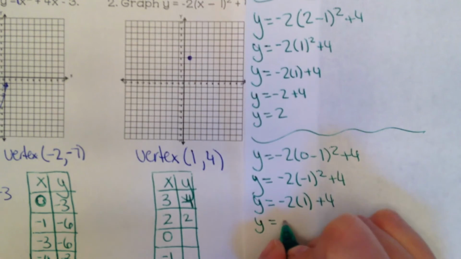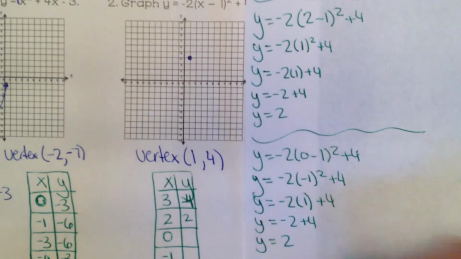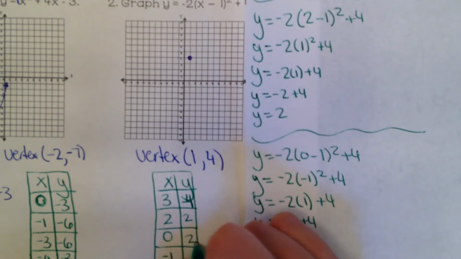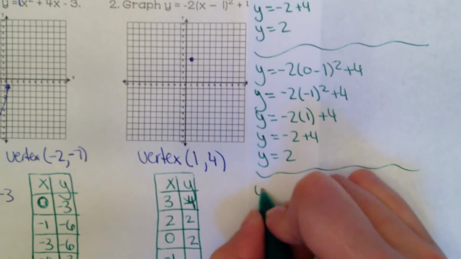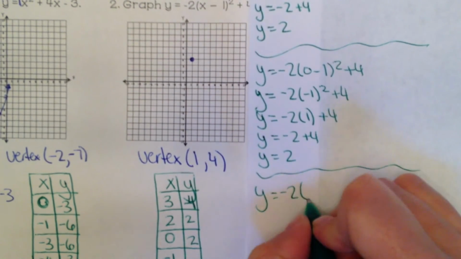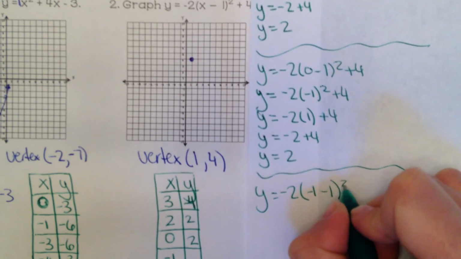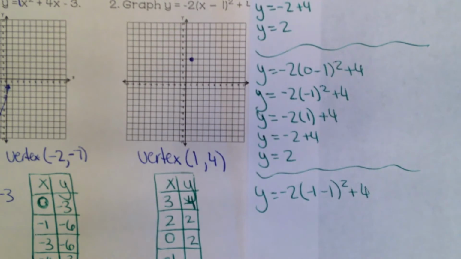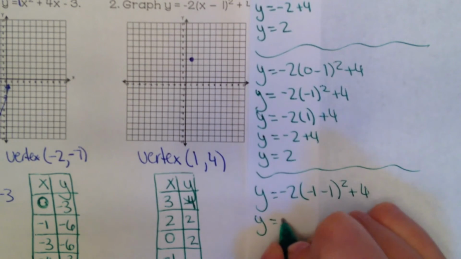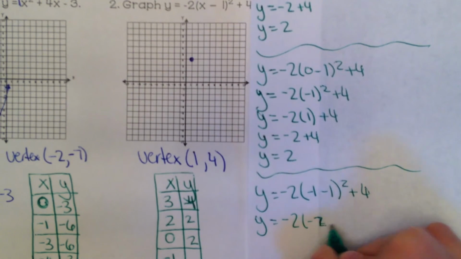Multiply. -2 times 1 is -2. And y is equal to 2. Last one. Y equals -2 times, plugging in -1 minus 1 squared plus 4. Okay, we have y equals -2 times -1 minus 1 is -2.